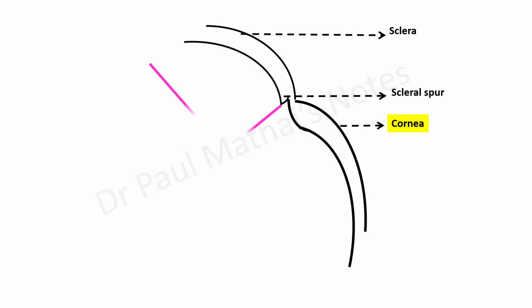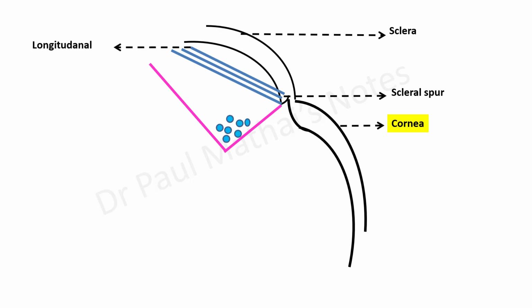This is obviously a sagittal section of the eye, and what you are seeing is the triangular cut section of the ciliary body. These blue structures, which are inserted into the scleral spur, are the longitudinal fibers of the ciliary muscle. These would be the circular fibers of the ciliary muscle, and these would be the oblique fibers of the ciliary muscle.